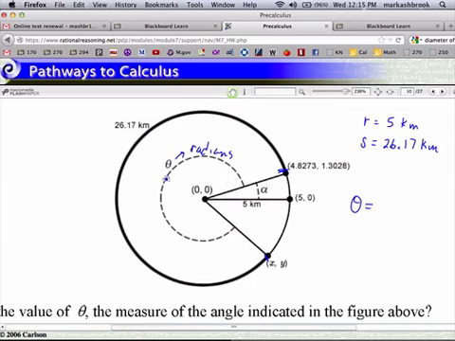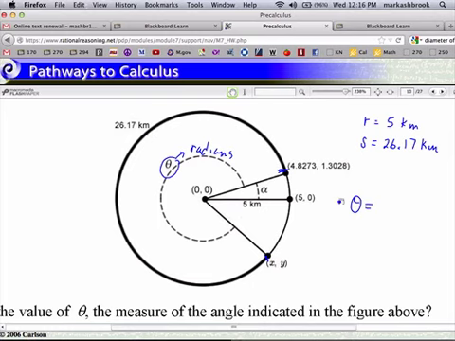So you've got to think interchangeably about theta. Whenever you see an angle, think, okay, that's the openness of the rays in radians, but it's also how many radius lengths. That needs to come quickly. Here, it's very convenient to think about this as radius lengths because we have 26.17 kilometers and our radius is 5 kilometers, so we're just asking how many radius lengths is 26.17.